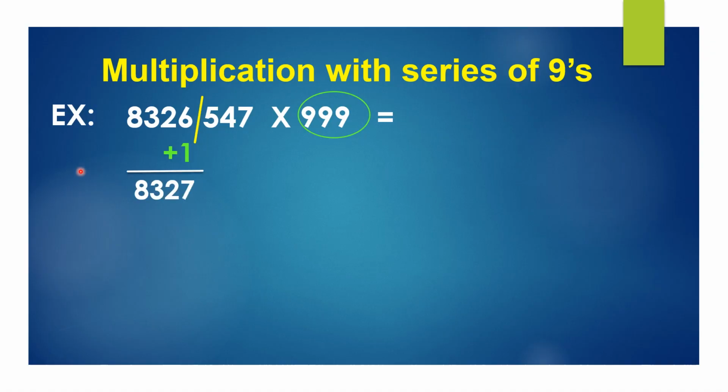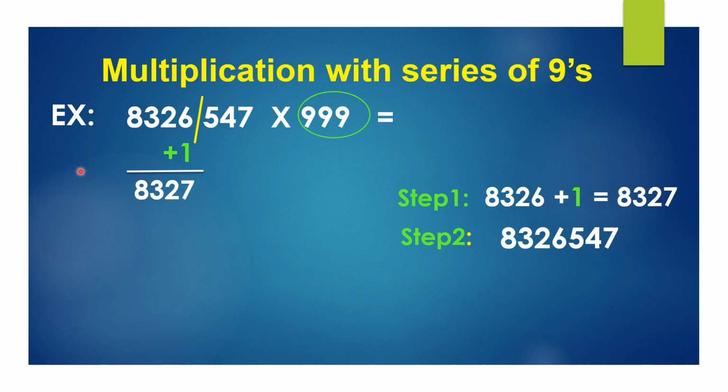So it is 8327, step 1. Now step 2. Consider this complete number, whatever has been given, you are multiplying. Subtract the previous answer, what you got in step 1, 8327. So when you subtract, you are getting 8318220. So write it over here, the first part of the answer.